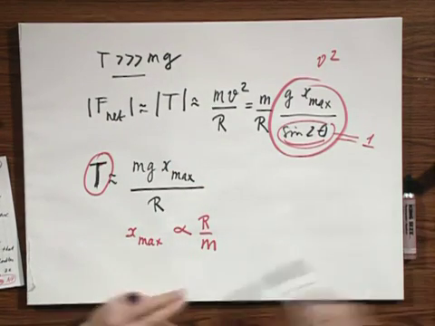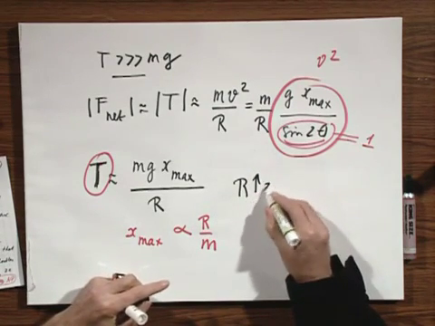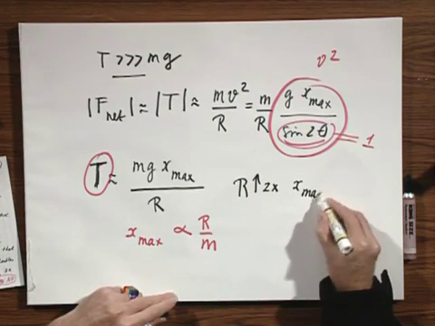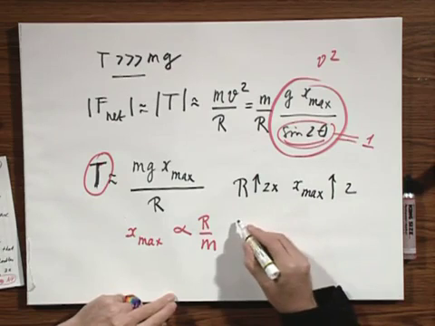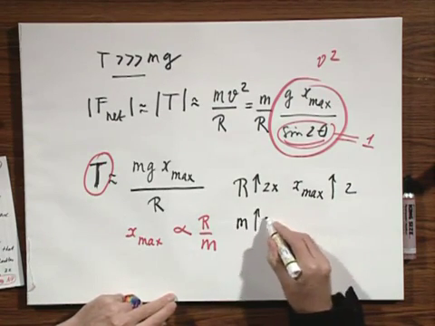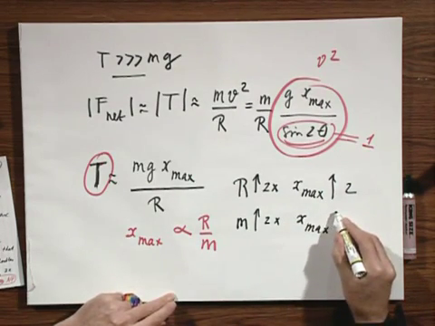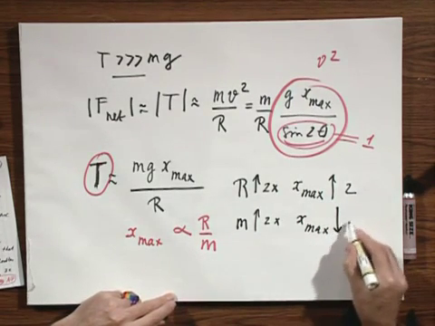And therefore, if you double R, if R goes up by a factor of 2, x max will go up by a factor of 2. And if you double M, x max will go down by a factor of 2.